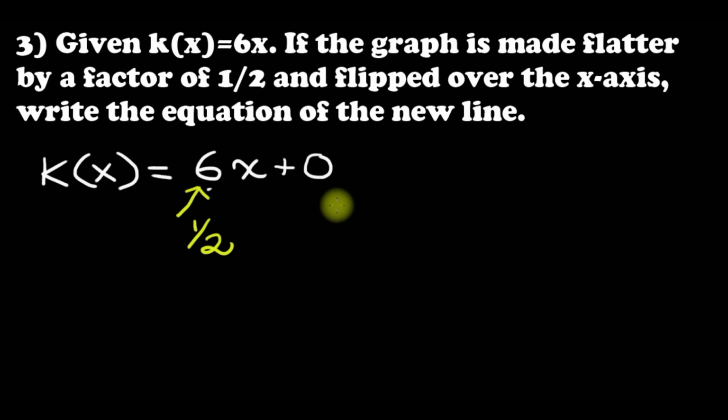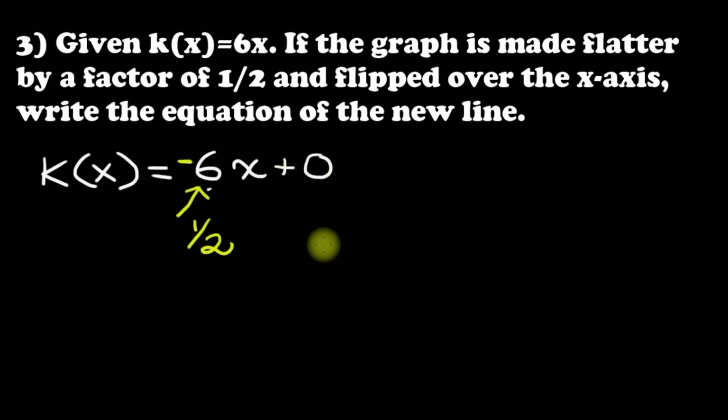And then it's going to flip. What does it mean when it flips over the x-axis? Well, in order for this to flip over the x-axis, the slope has to be a negative number. According to this transformation, there's no shift up or down, so this is just going to stay the same.